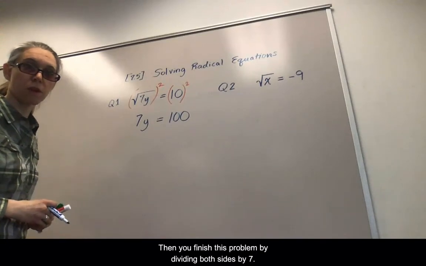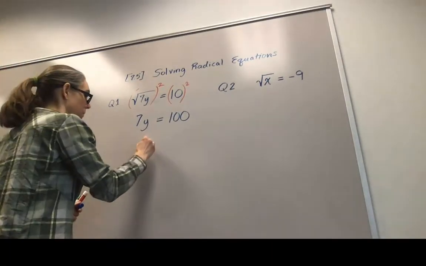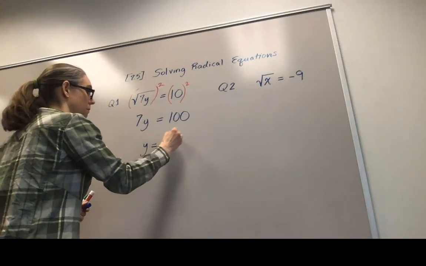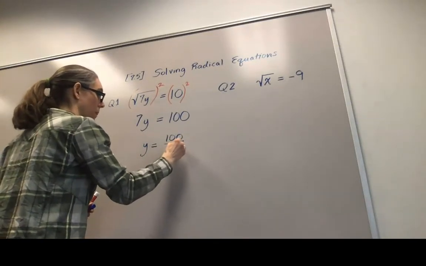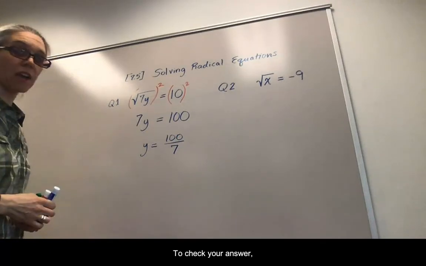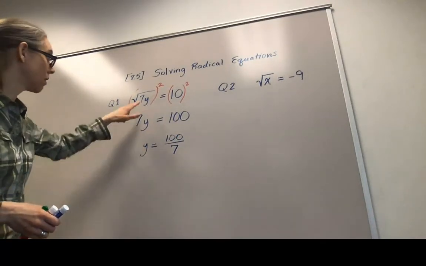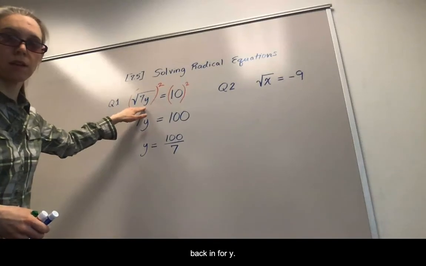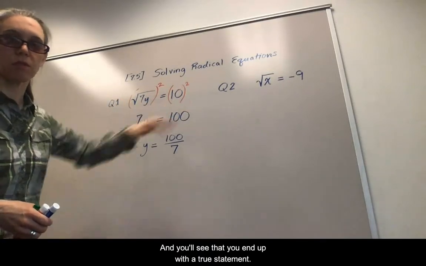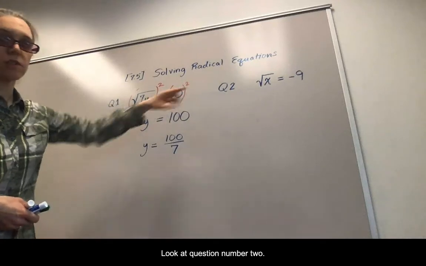Then you finish this problem by dividing both sides by 7. To check your answer, plug 100 divided by 7 back in for y, and you'll see that you end up with a true statement.